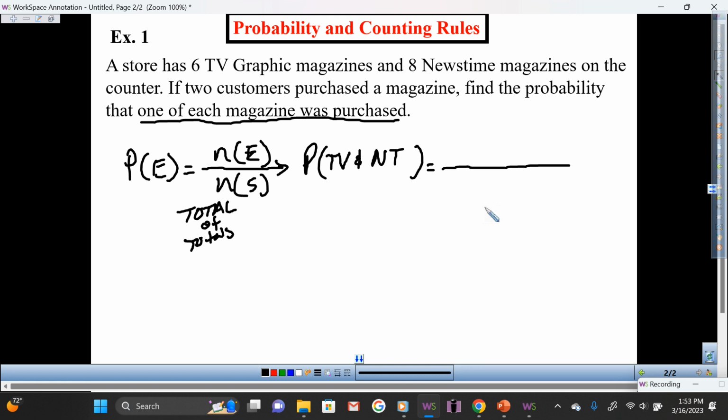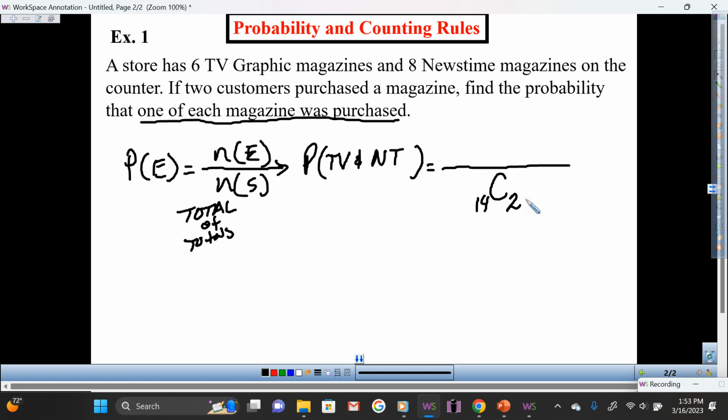Does the order matter? No. So therefore, we're going to use what? Exactly. Combination. So, what is the total number of magazines that we have at the store? How many? 14. And how many are going to be sold? 2. Okay, there it is.